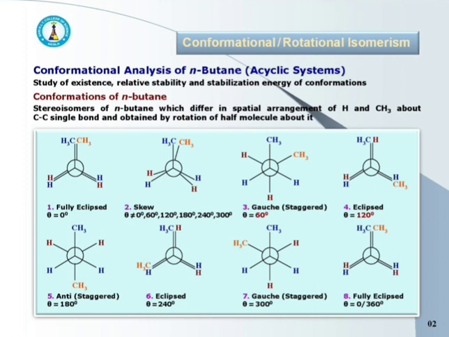Thus, by rotating half of the n-butane molecule about the carbon-carbon single bond by 0, 60, 120, 180, 240 or 300 degree, different stereoisomers are obtained, which are fully eclipse, Gauche or anti-conformations of n-butane.